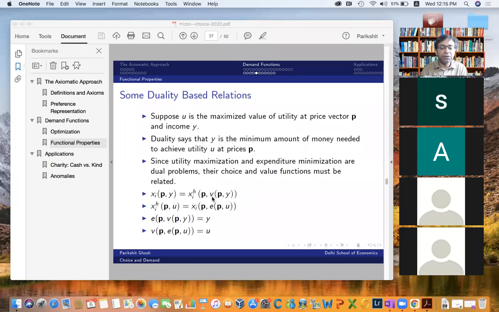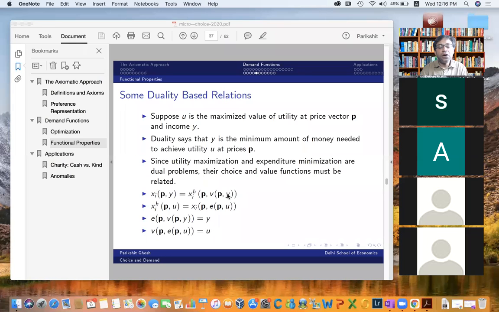So, for example, I won't go through all of them, but this is one relationship between Marshallian and Hicksian demand functions. So what is V(P, Y)? If you fix the income at Y, let's say Y and U are a conjugate pair, meaning that U and Y are specific numbers: if the income is fixed at Y, maximized utility will be U, and if the utility target is fixed at U, minimized income will be Y. So they're a connected pair.